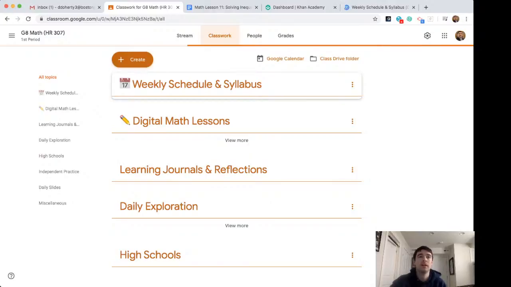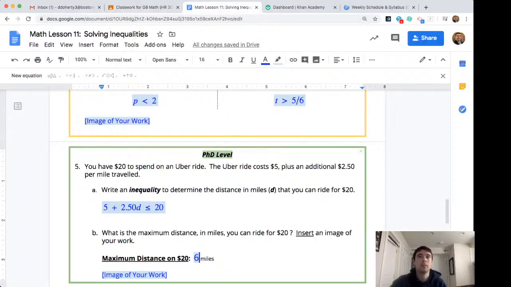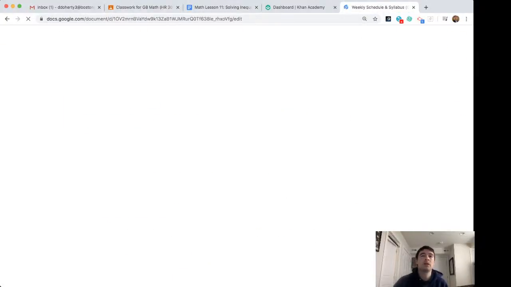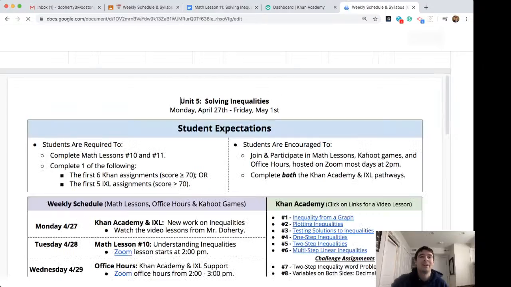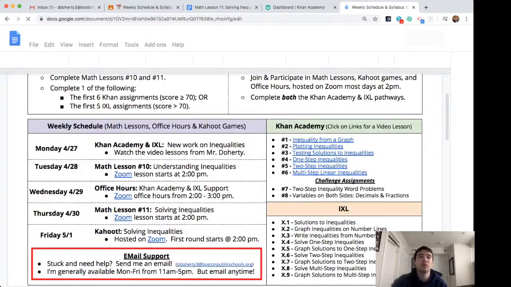If you click on that, it opens up this weekly schedule and syllabus, which both shows you all of the work that you need to be doing for the week, and also provides you with some video links for each Khan Academy assignment. It's very slow loading on my screen, so there we go. On the right side here, you will see blue links, and these blue links take you to a video specifically made for each one of those Khan Academy assignments.